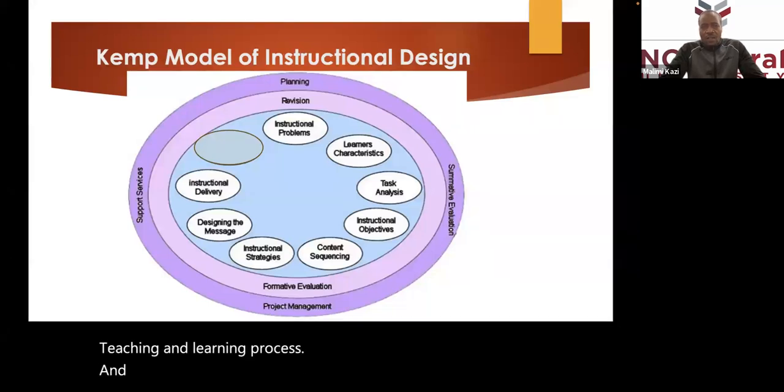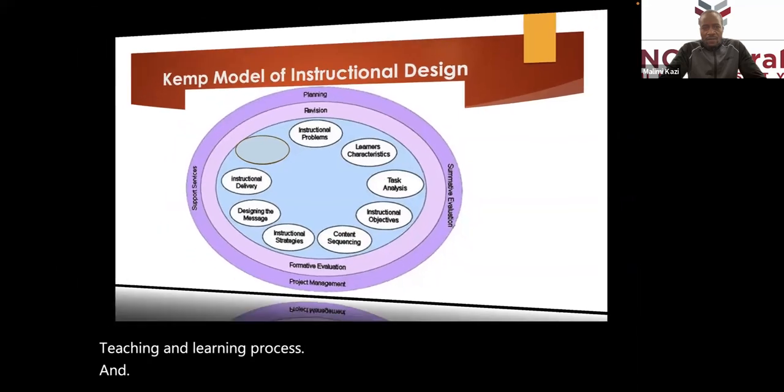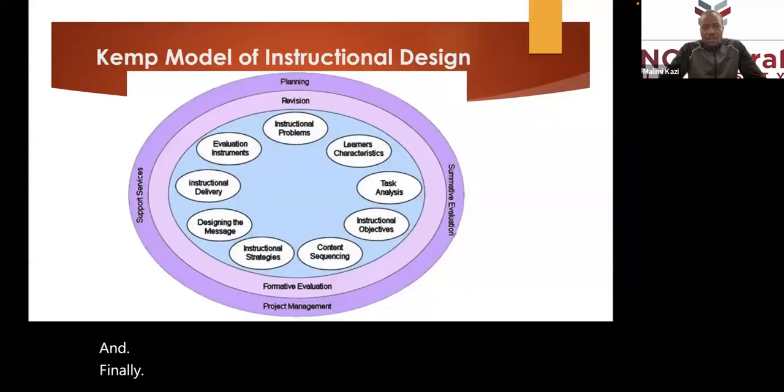And finally, stage 9, this is the final stage, which is about evaluation instruments.